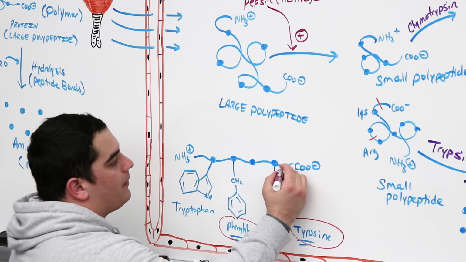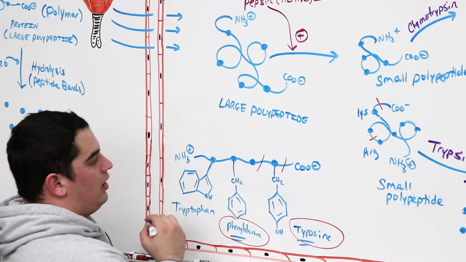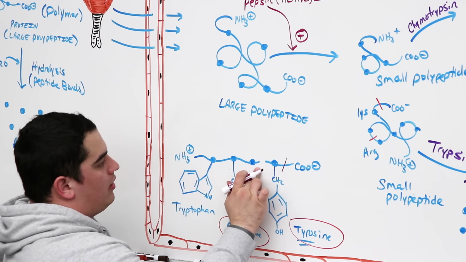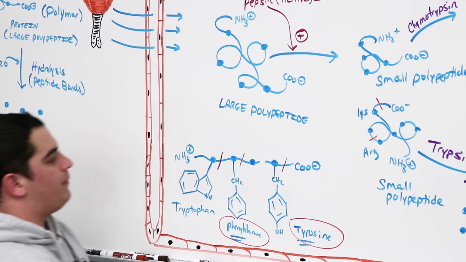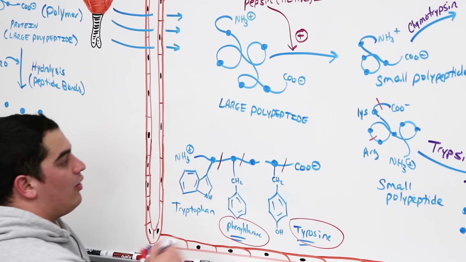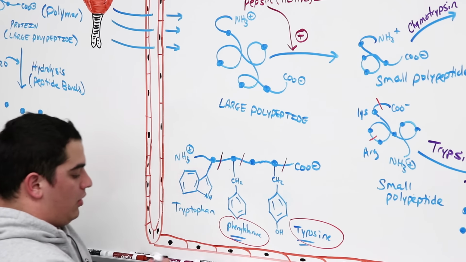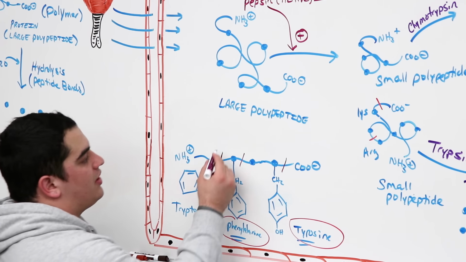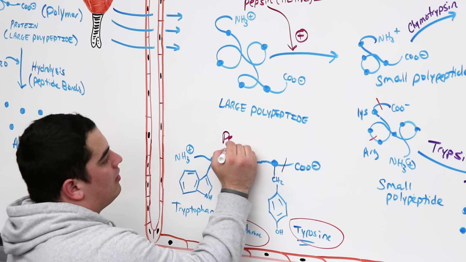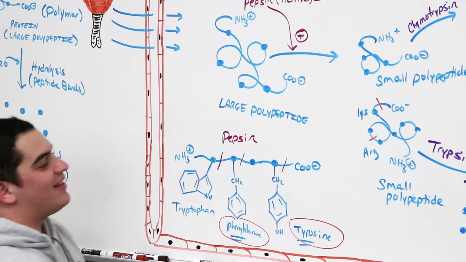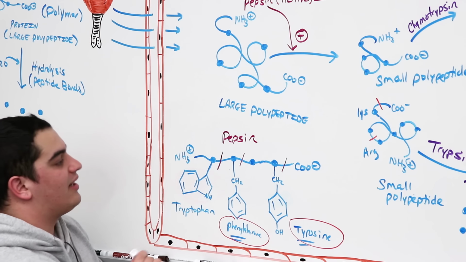But remember, we said there were 2 different things here. If we cleave this bond, sorry, not this one here, and this one here, this was done by what type of enzyme? Well, it was done by pepsin. So this could be done by pepsin. Well, guess who else can come and do the same exact thing?